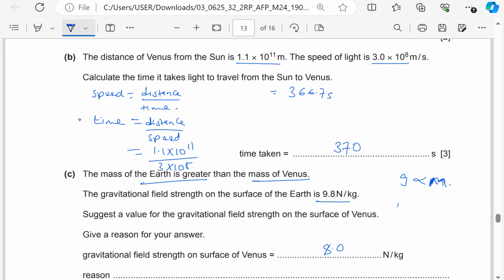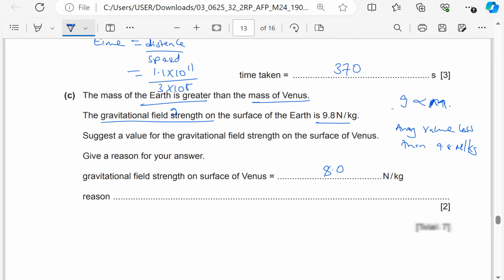So give any value less than 9.8 newtons per kilogram, because G, or gravitational field strength, also depends on the mass. Because the mass of Venus is smaller, its value of G is also smaller. Then give a reason.